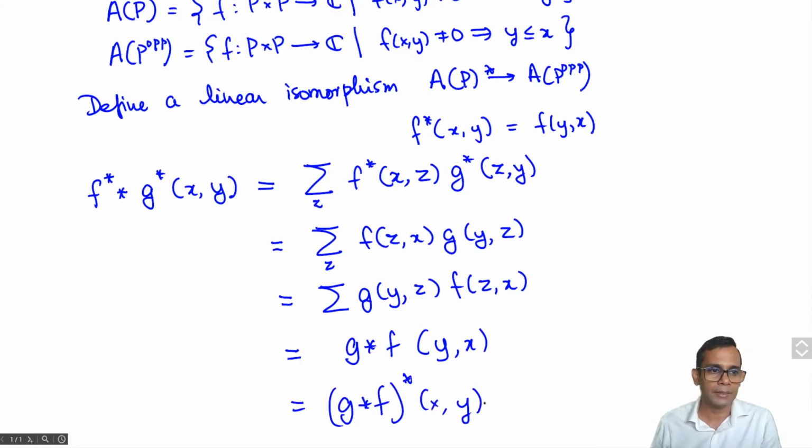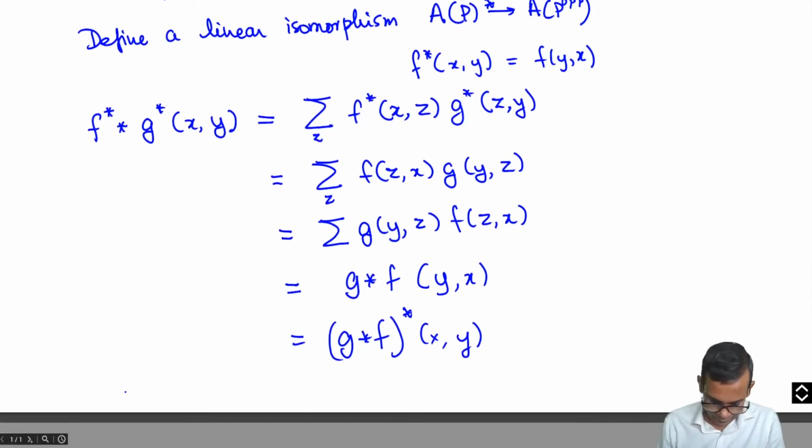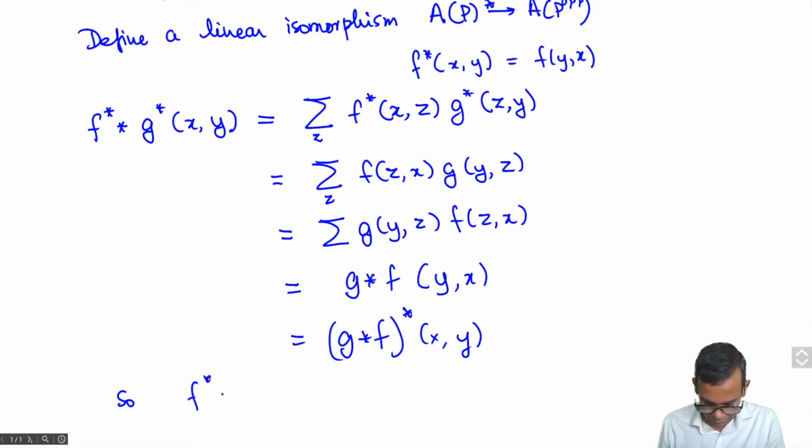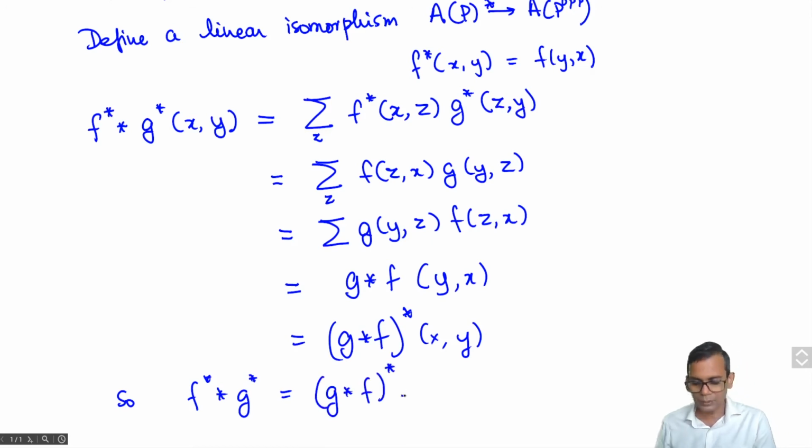So what we have is f star times g star is equal to (g f) star. In other words, this isomorphism star reverses the order of multiplication.